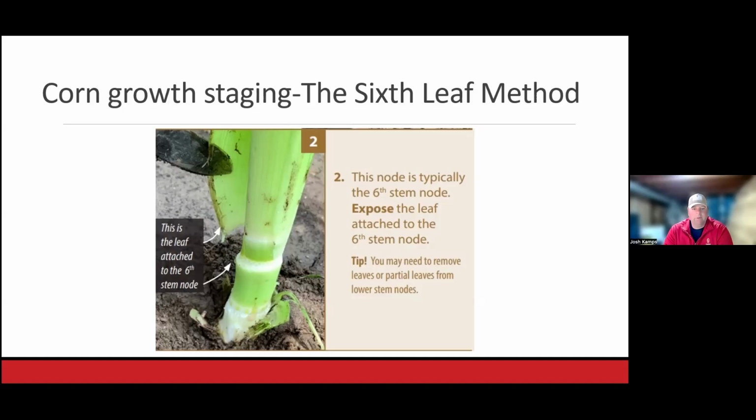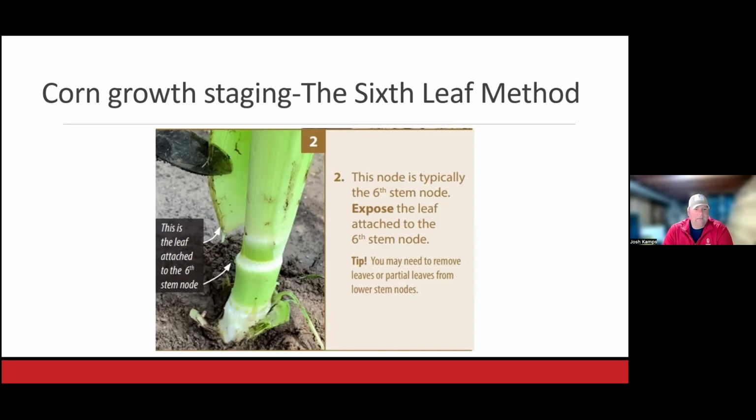Okay, so that gives us a little bit of an idea of how far along this plant is if we've lost those bottom leaves. So maybe they were eaten off by insect damage, maybe they dried and fell off. Who knows what happened to them? But if those leaves aren't there anymore, this method will help us better understand what that growth stage is.